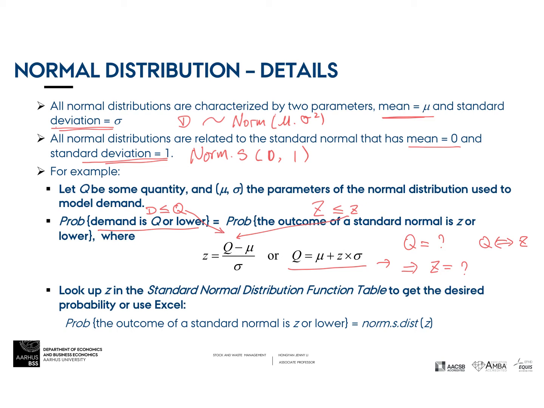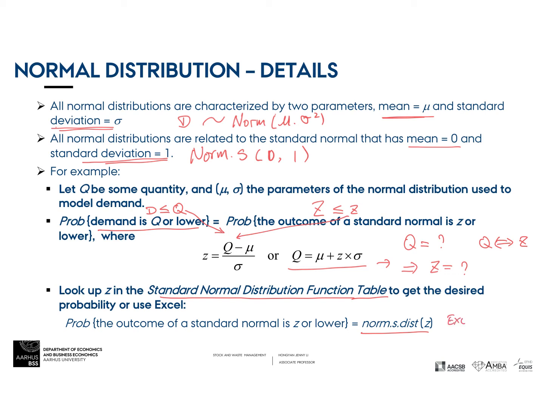Normally we would use a standard normal distribution function table, but it's not necessary to always use a table. That's somehow old-fashioned. Now if you know the small z value, you can use the Excel function.